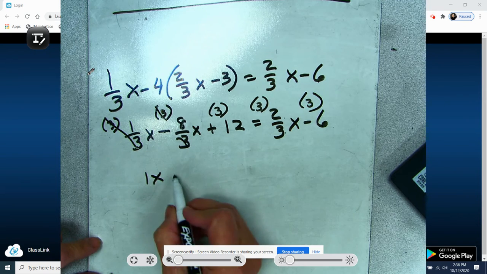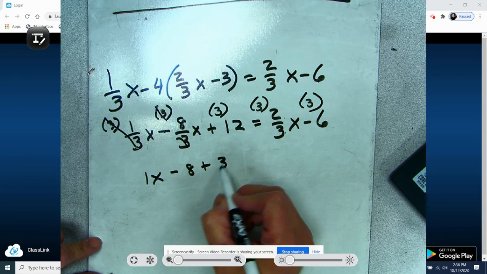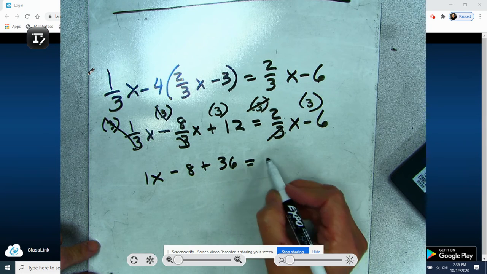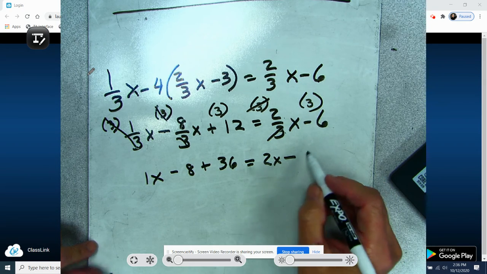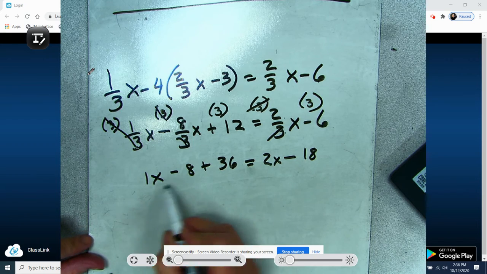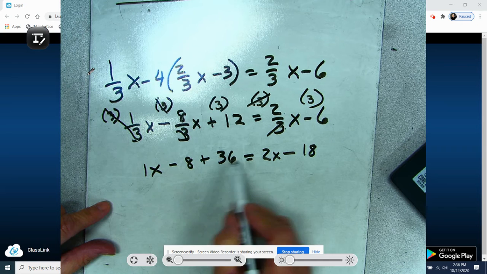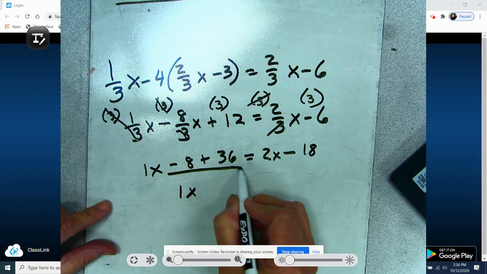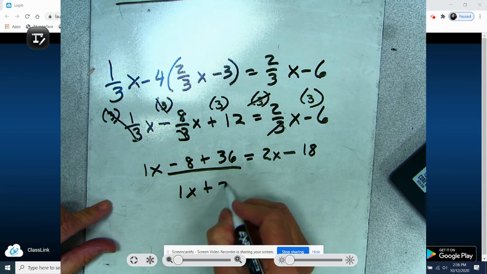I have negative 8. 12 times 3 is 36. 3 cancels 3, so I have 2x. I have minus 3 times 6 is 18. Too many things on this side. So I have to subtract. So I have 1x. I'm going to combine these right here to get 36 minus 8 is 26.